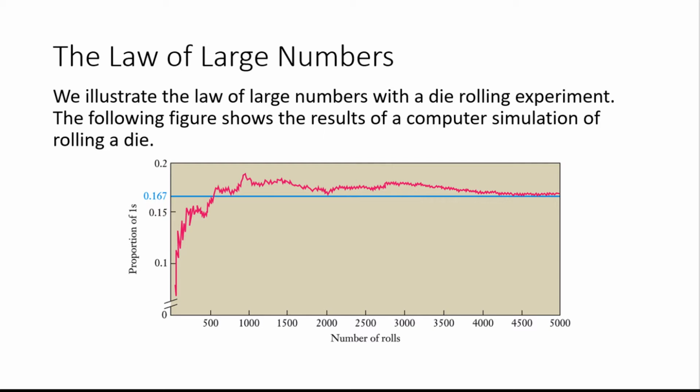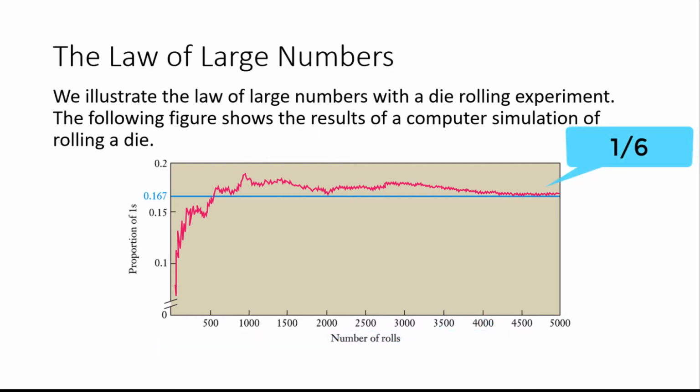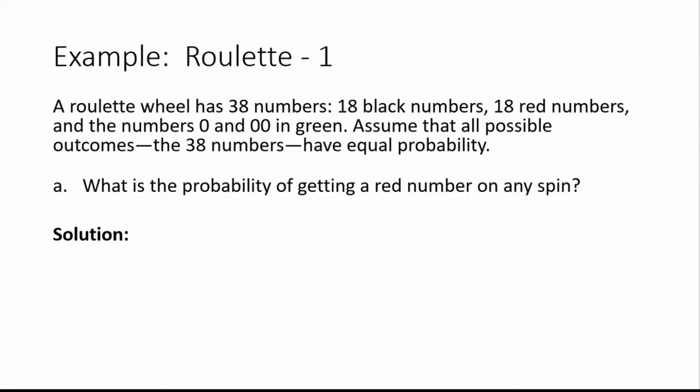Vertically, it is the proportion of ones that are rolled. The units marked are 0.1, 0.15, and 0.2. Let's observe that as we increase the number of rolls, the proportion of ones gets closer and closer to 1/6, which is the theoretical probability.